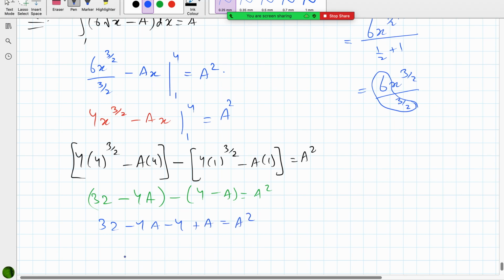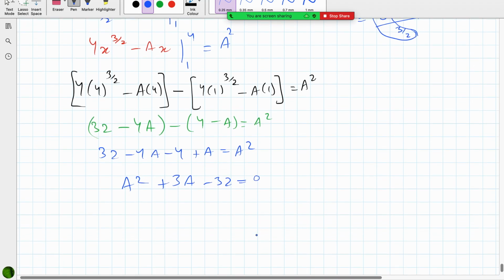And then we rearrange. A square is already there. 4a and a, minus 3a. Take it to the other side, plus 3a. 32 is there, minus 32 is equal to 0. And factors for 32: 1 into 32, 2 into 16, 4 into 8.